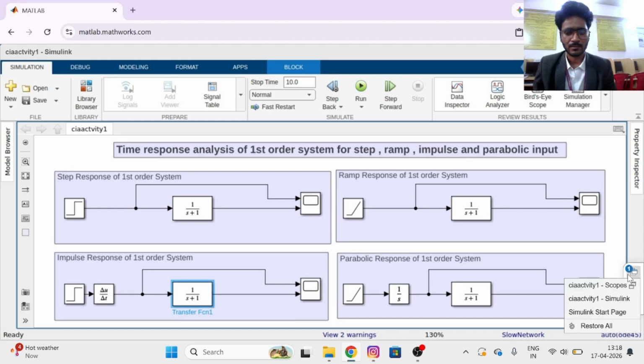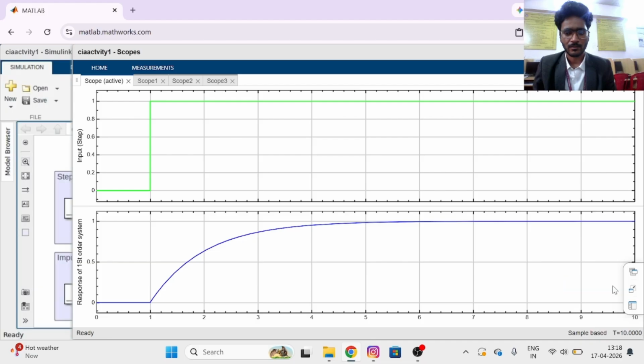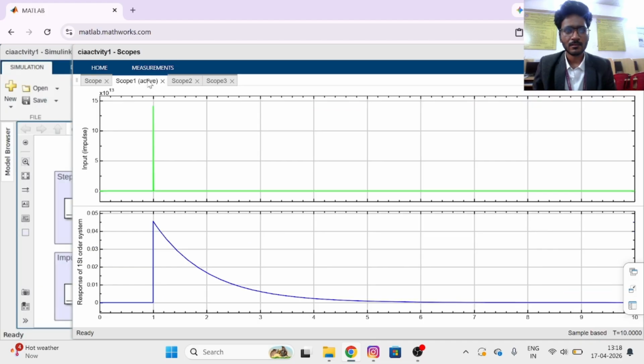When we open the scope of the impulse response, here the green line indicates the impulse, and this is the response, which is exponentially decaying or exponentially decreasing. It is the response of the first order system when the input is the impulse.